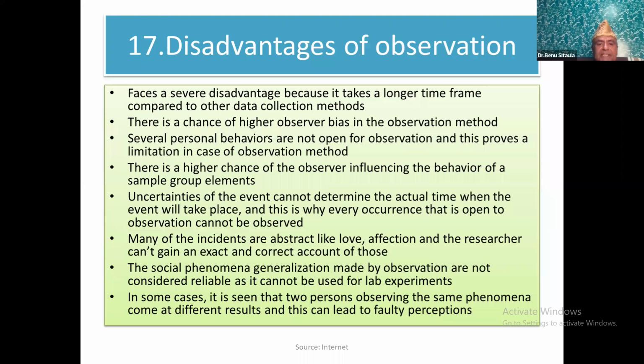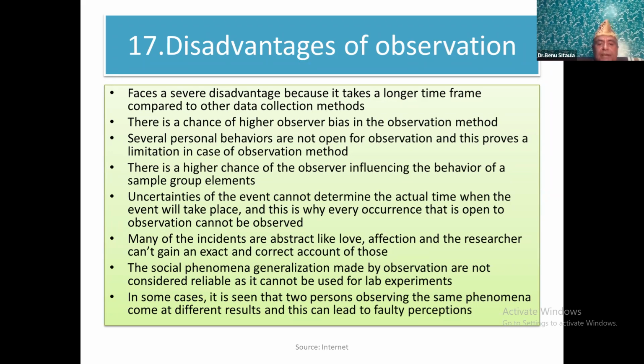Similarly, the uncertainty of events means we cannot determine the actual time when an event will take place. And many of the incidents are abstract, like love and affection, and the researchers cannot gain an exact and correct account of those because these can be felt, not compared.